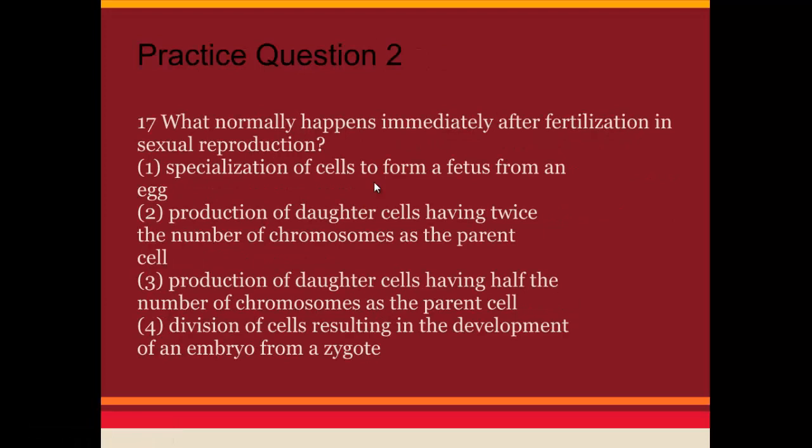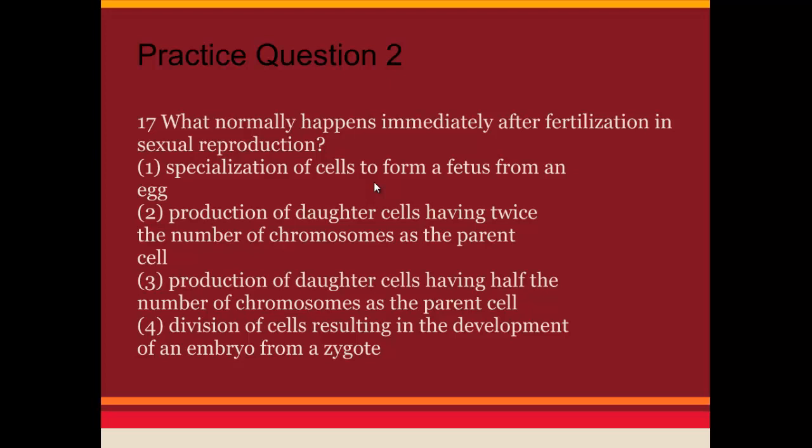Practice question 2. What normally happens immediately after fertilization in sexual reproduction? So when I'm looking at this question, and if you answered it, I would narrow it down to either choice 1 or choice 4. So choice 1 says specialization of cells to form a fetus from an egg.